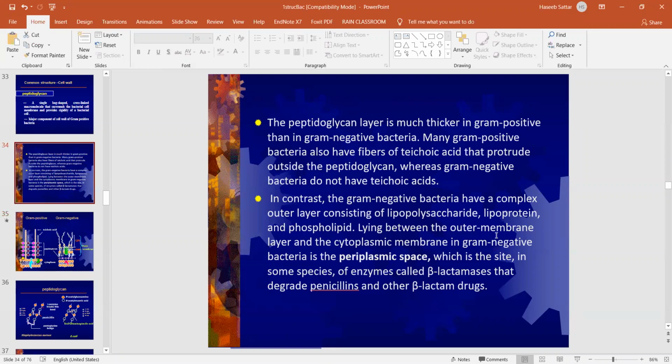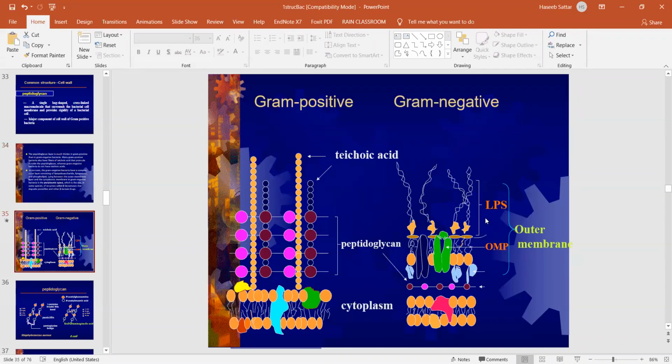The peptidoglycan layer is thicker in gram-positive as compared to gram-negative. When we see the gram-negative bacterial cell wall, there is another membrane present outside the cell wall, known as the outer membrane.